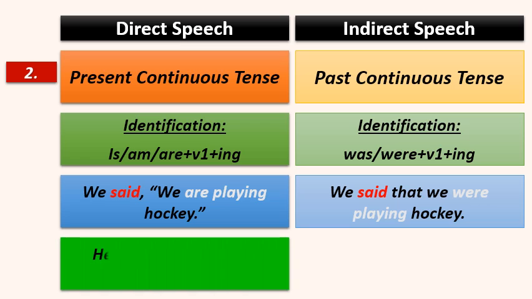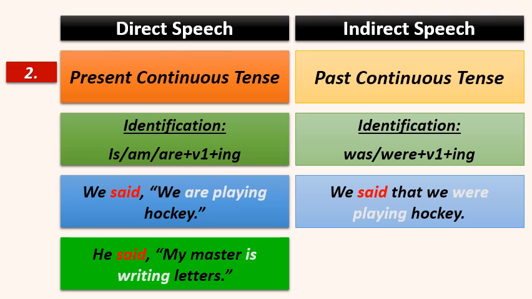Same with another example also. He said, comma, inverted comma start, my master is writing letters, full stop, inverted commas close. Fine. So here said is the reporting verb and it is in past tense.